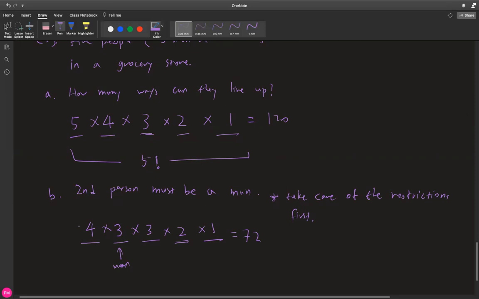It's simply a matter of ordering 4 different people, so it's 4 factorial. It just happened to be in the second spot, so you just skip the second spot when doing the 4 factorial.